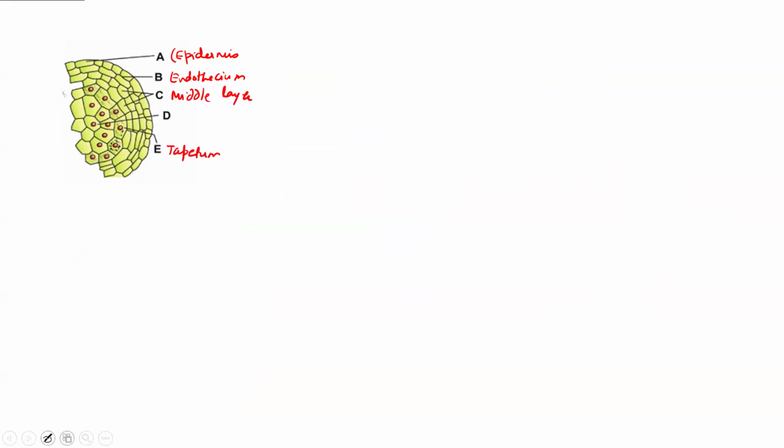Don't take D as tapetum. D is actually the microspore mother cell. This is the diagram of one microsporangium, meaning pollen sac, with the wall layers. The wall layers are a total of 4: first is epidermis, second is endothecium, third is the middle layer, which is many layered but ephemeral, and fourth is tapetum, which is the nutritive layer. See, this is the diagram which I have explained.